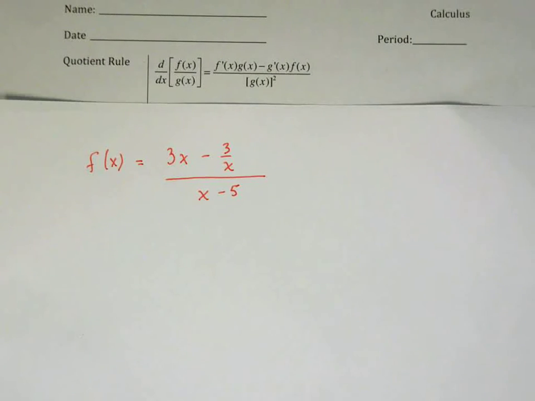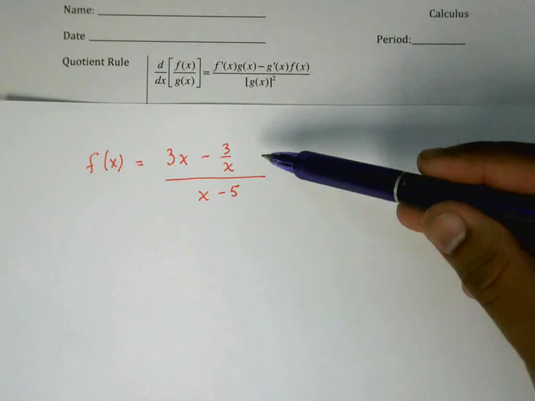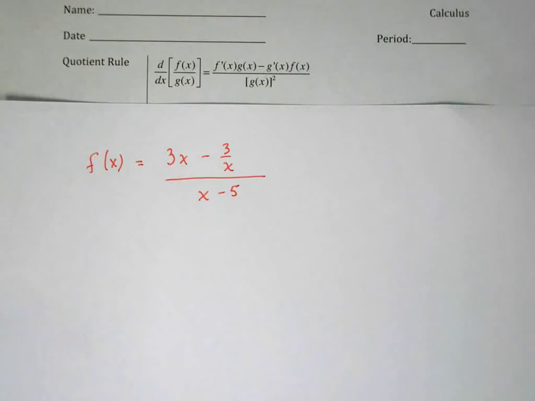So here we have a function, f of x equals 3x minus 3 over x, all divided by x minus 5. Okay. And rather than try and do this problem as is with the quotient rule, because here we have a quotient within a quotient, there's a couple different approaches that we can go about doing this.